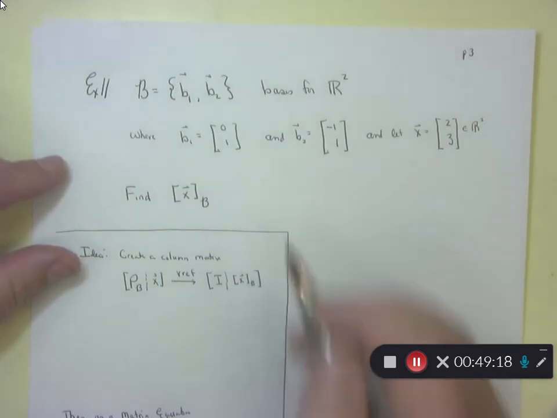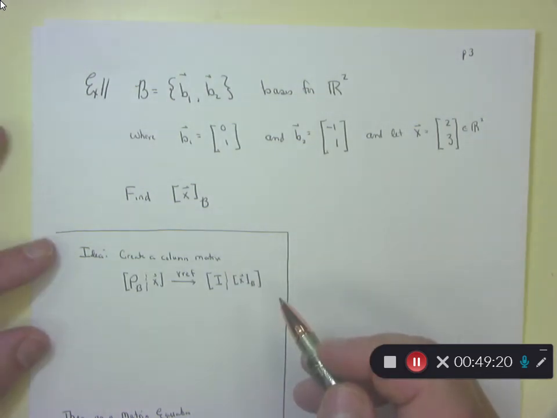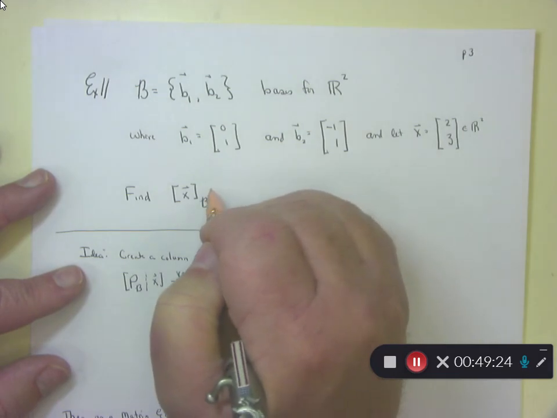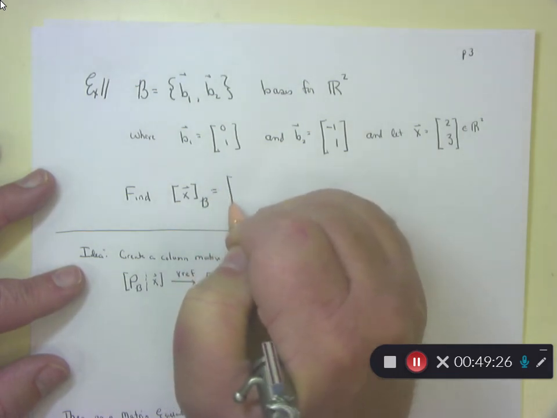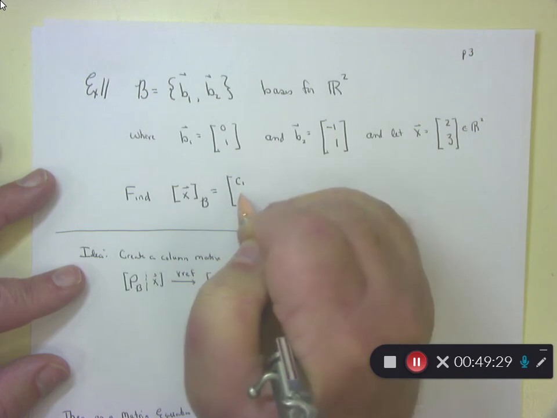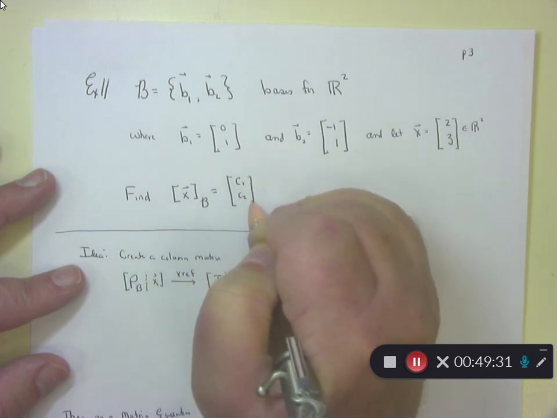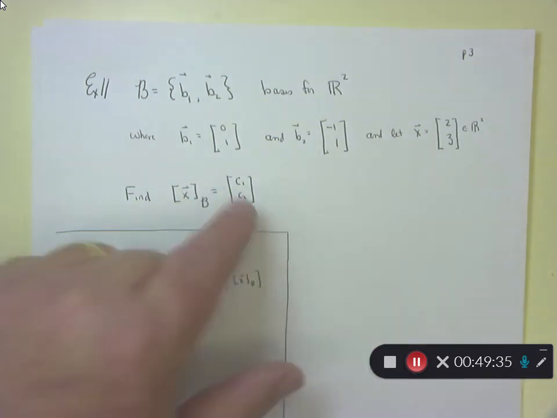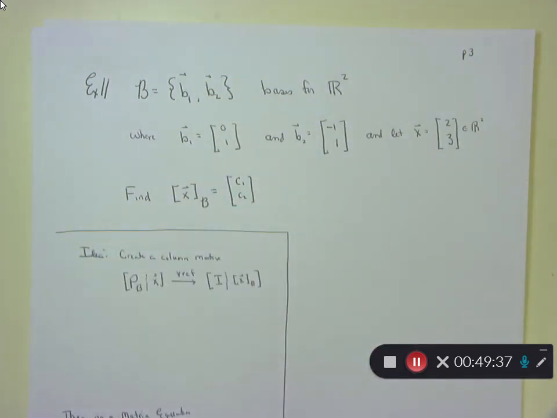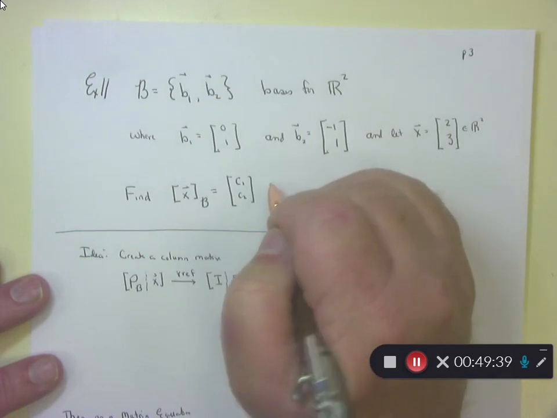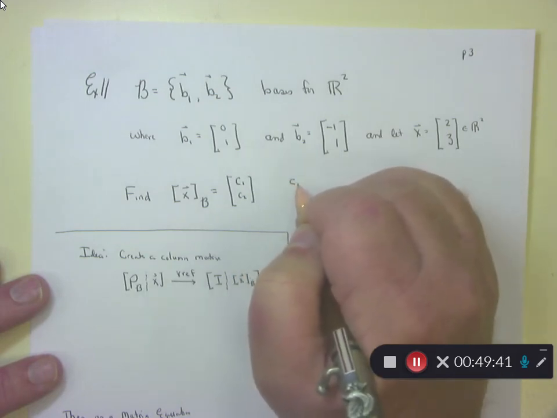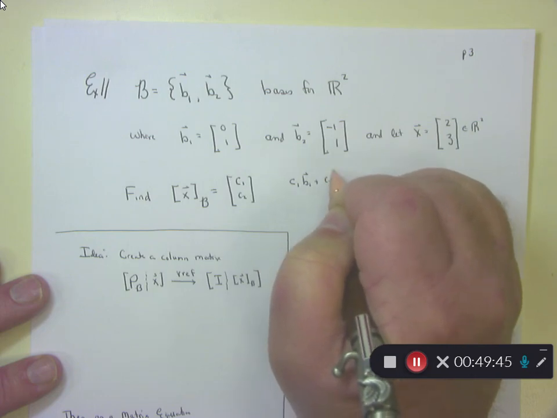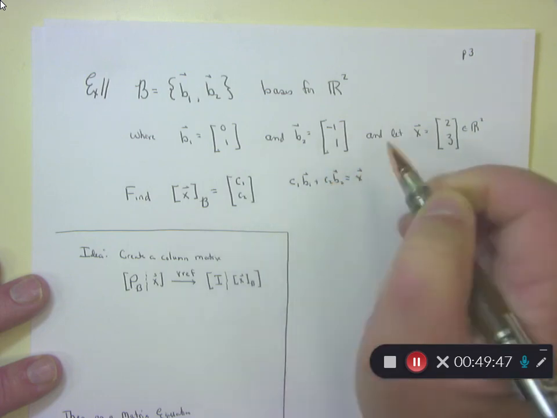Just to be able to find this, here's what we're going to do. I am looking for a vector, and it's going to be a C1, C2 vector. C1 and C2 are the coefficients, where C1 times B1 plus C2 times B2 is equal to the X vector.